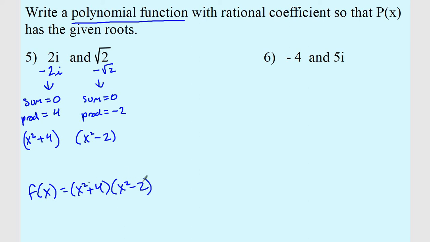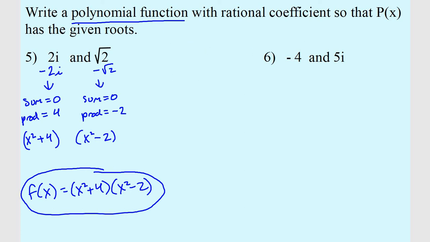No, it doesn't matter which one you put first. Okay, but that's how you would write it out. You could keep foiling if you wanted to, but I'm fine with you guys leaving it that way. If you kept foiling, yes, you would get a nice polynomial written out.